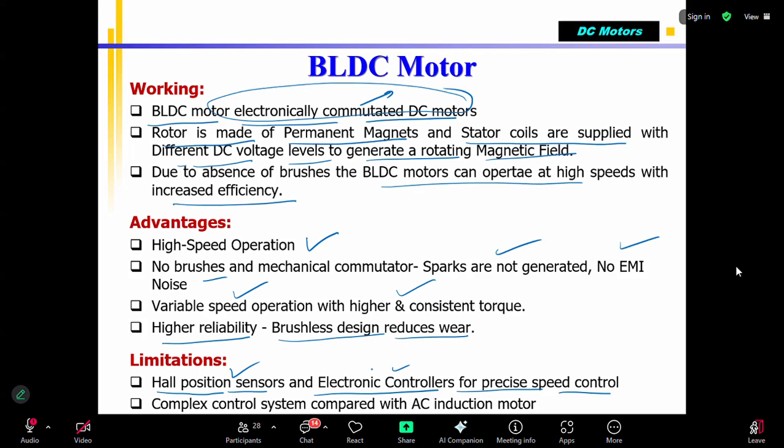So trapezoidal current, and you need a Hall effect sensor. The Hall effect sensor signal should be amplified, with some additional circuit. So you require a control circuit that increases cost. The electronic controller and Hall effect sensor increase cost, and there is a complex control system compared to an induction motor. So this is the drawback of the BLDC motor.